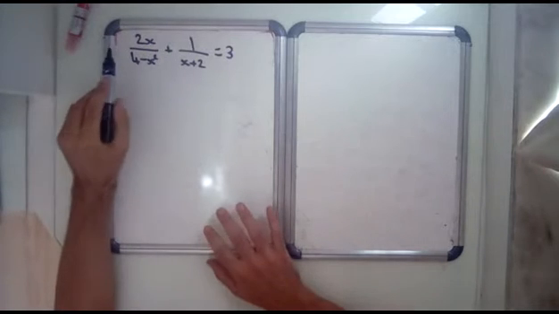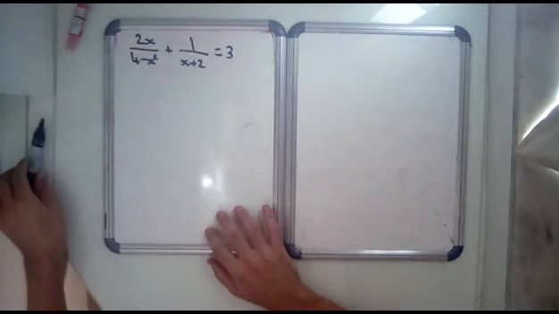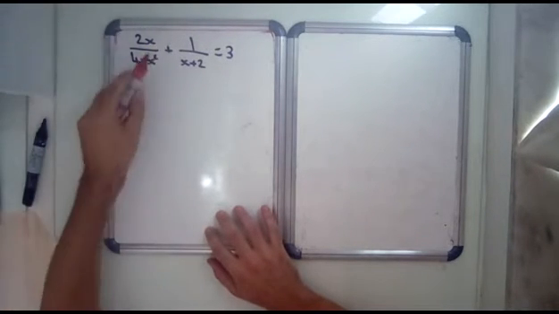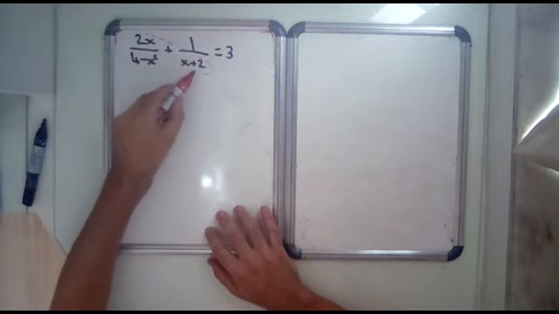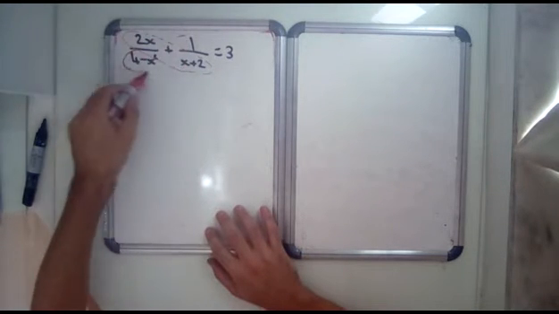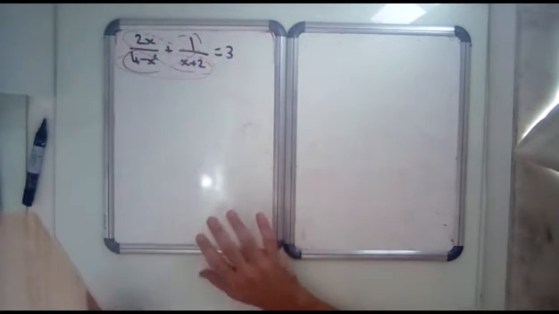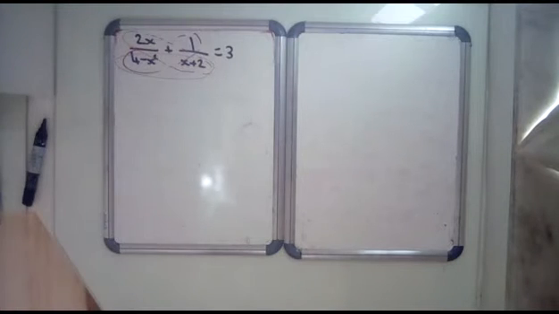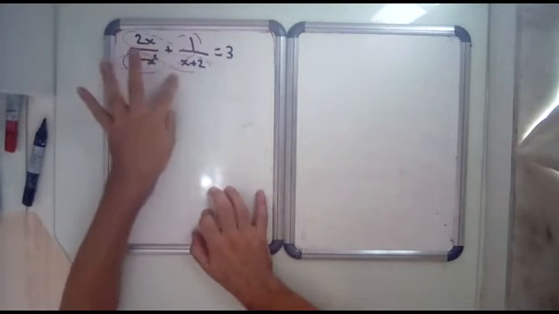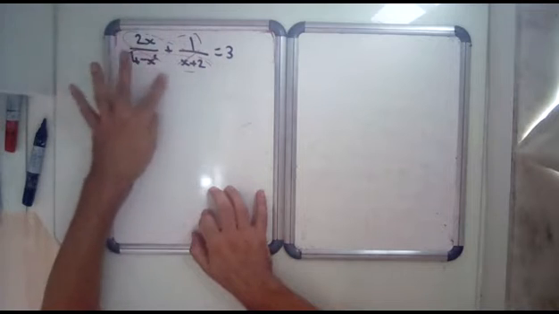Now, the first thing to note, a lot of you with these types of equations will have been taught to multiply and multiply and multiply and get the common denominator like that. Yes, that will get a common denominator, it will add the fractions, but the problem is it's going to be a lot bigger than you want it to be.